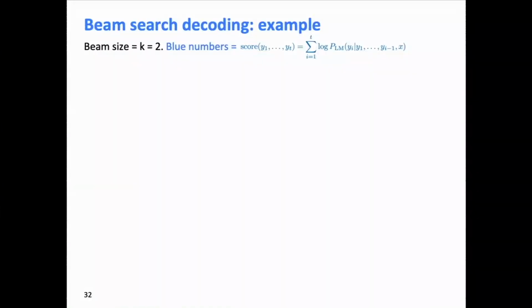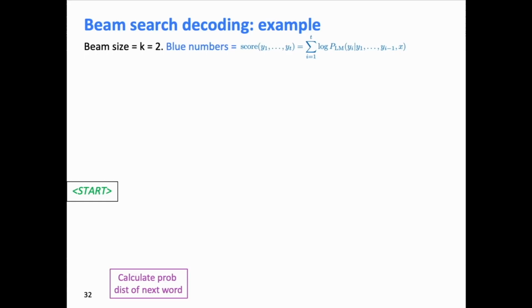Okay, so here's an example of beam search decoding in action. Let's suppose that the beam size k is 2. As a reminder, this is the score that you apply to a partial hypothesis, a partial translation, which is a hypothesis. So we start off with our starting token, and we're going to compute the probability distribution of what word might come next.